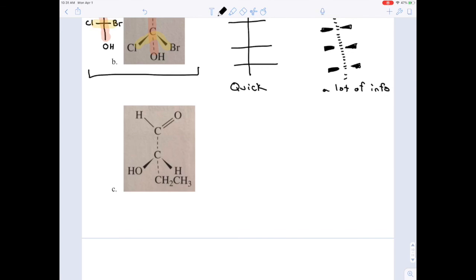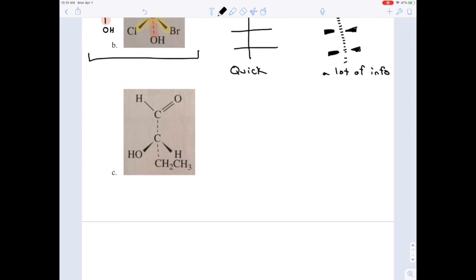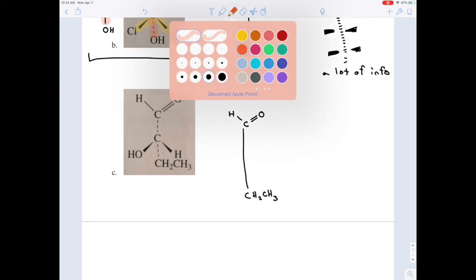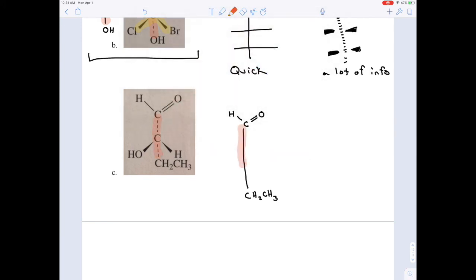How about this one at the bottom? Here, draw the carbon at the top, including the functional group. Here that's an aldehyde. Then we can draw that little group at the bottom, CH2, CH3, and then draw a vertical line connecting them. That vertical line represents bonds going away from you. Now draw a horizontal line for any carbons in the middle.